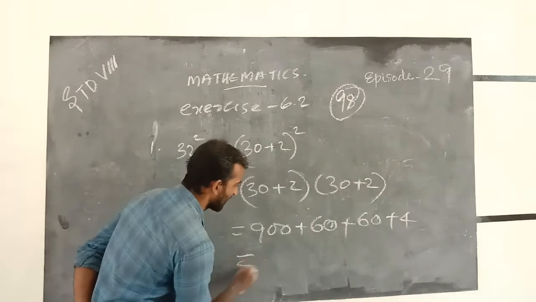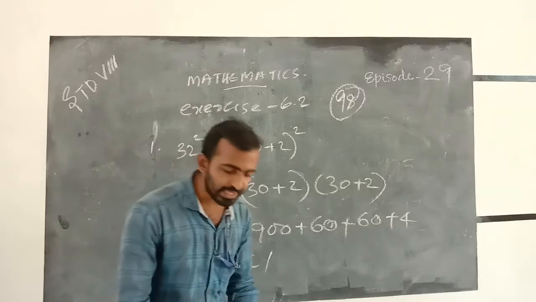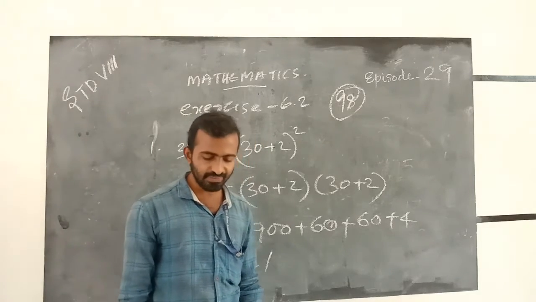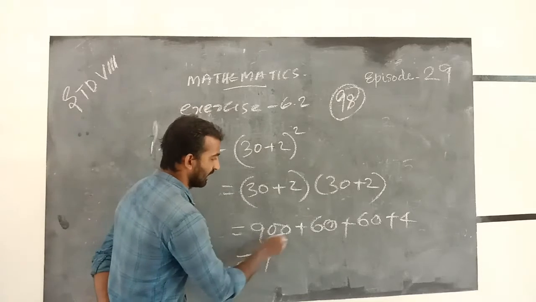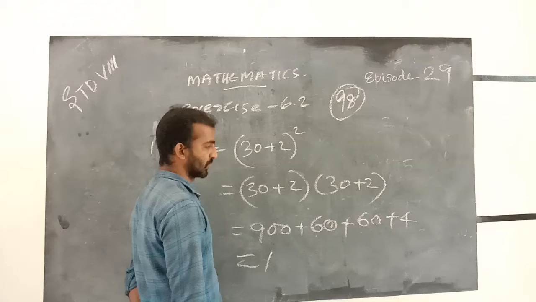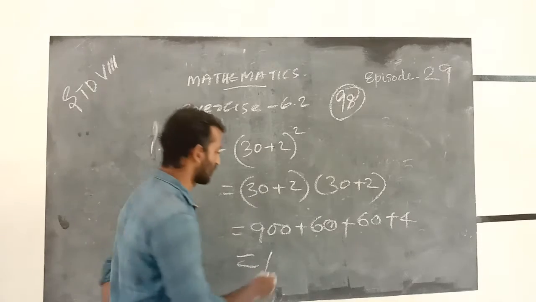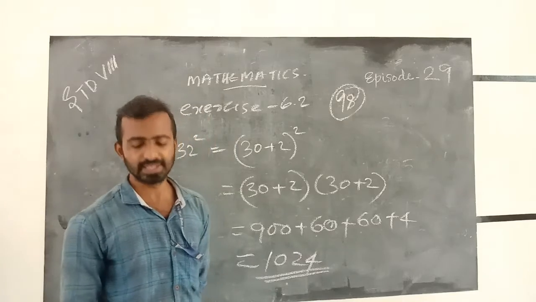When we add 900 plus 60 plus 60, we get 1020, and 1024. This is the answer.